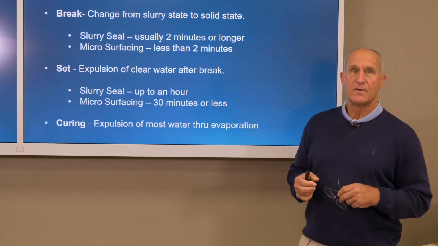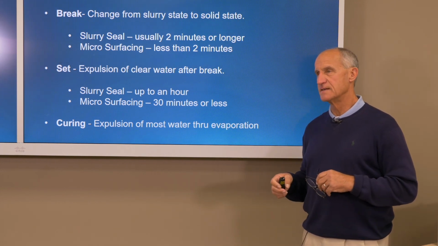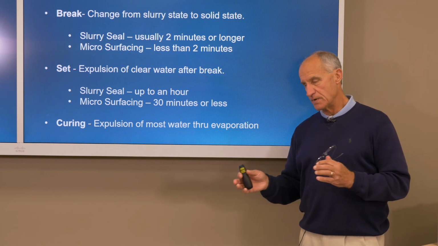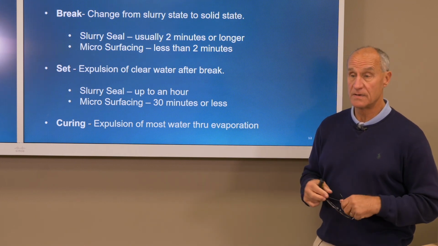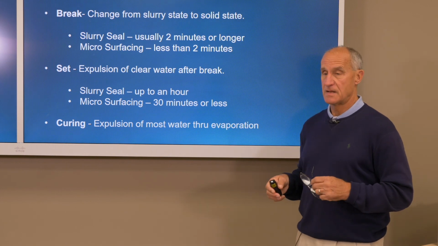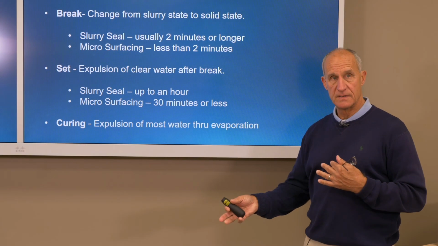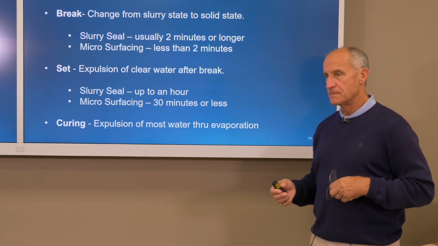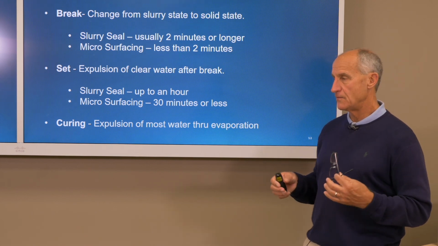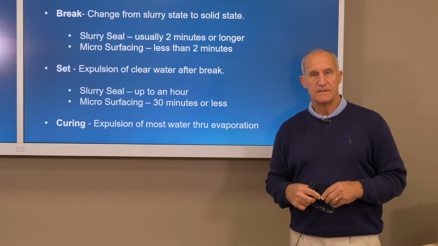Some of that water is evaporating, the asphalt emulsion has taken over on the surface, and what used to be a milky brown color might take on pretty quickly a darker appearance. We'll talk about the set, and that's when it's just a little while longer. With a slurry seal, it could actually take up to an hour, and in microsurfacing, within about the first 30 minutes, that mat that had changed colors a few minutes before is now going to be capable of certainly foot traffic across the mat.